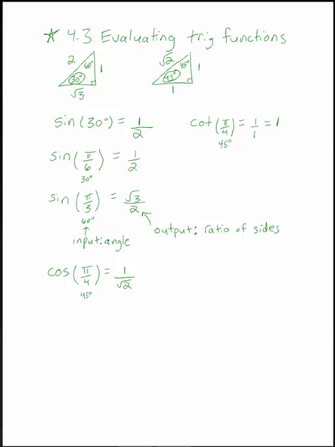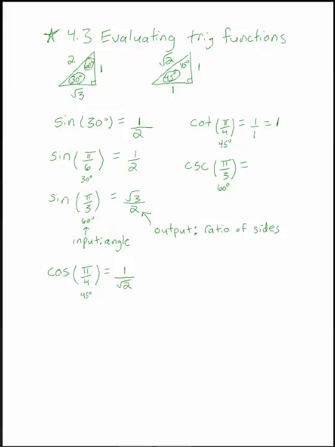What about the cosecant of pi over 3? Pi over 3, that's 60 degrees. So I'm looking for the cosecant of 60 degrees. I find 60 degrees up here. Okay, there it is.